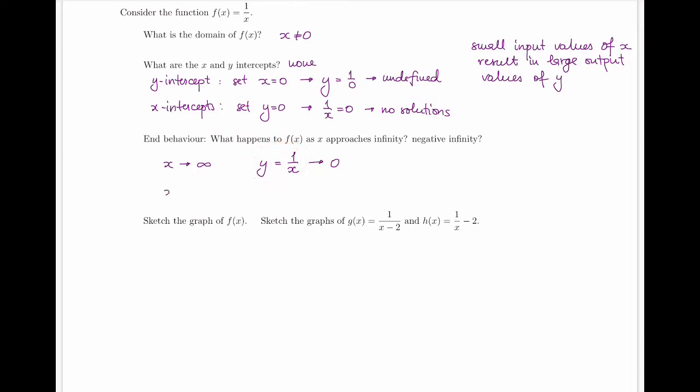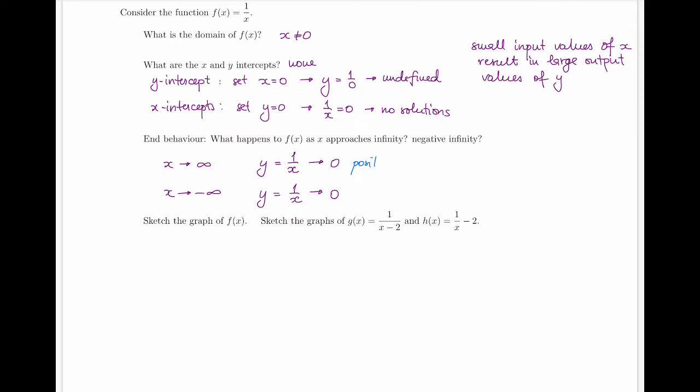If x is a large negative number, so minus infinity, once again, y of course is 1 over x. If I plug in a very, very large negative number into x, I'm going to get a very, very small value for y, but it's going to be a very, very small negative number. So it's still going to be 0, but on the other side of it, right?